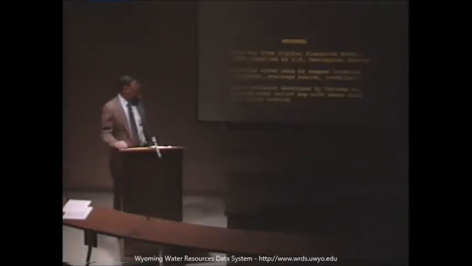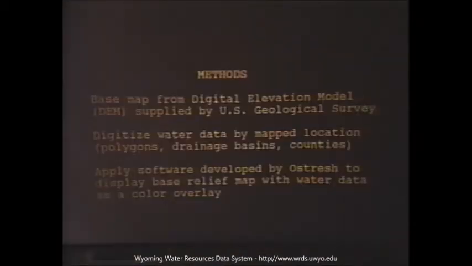Our methods were to use a base map from a Digital Elevation Model, or DEM, supplied by the U.S. Geological Survey. Let me back up just a tad here. The base map is essentially a series of elevations. In the case of Wyoming, we used two different elevation files.